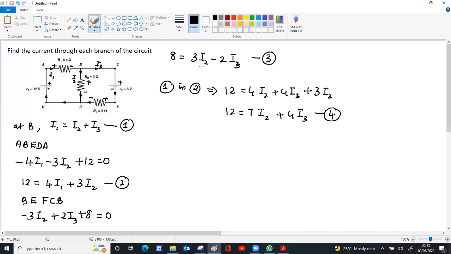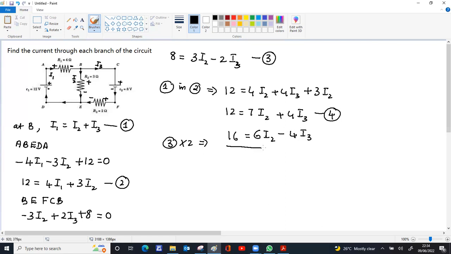Now there's a 3I2 and 2I3. So if you multiply equation 3 by 2, it will give you 16 is equal to 2 into 3, 6I2, minus 2 into 2, 4I3.